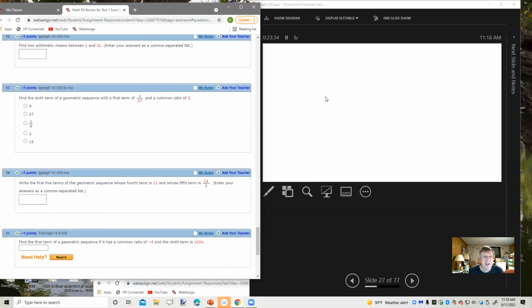It says, find two arithmetic means between 2 and 31. Again, we're going to use a sub n equals a sub 1 plus the quantity n minus 1 times d. We know that a sub 1 is 2, and then a sub something is 31.